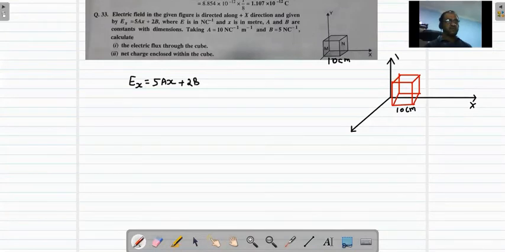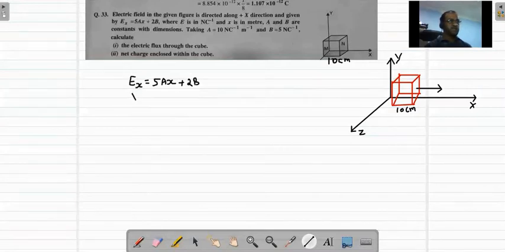There is no electric field in y direction. There is no electric field in z direction. In all these directions, electric field is 0. Only field lines are passing like this. It means all electric field lines are passing in this direction, in positive x direction. There is no electric field in y or z direction. That is why Ex is written. Only the Ex component is there.